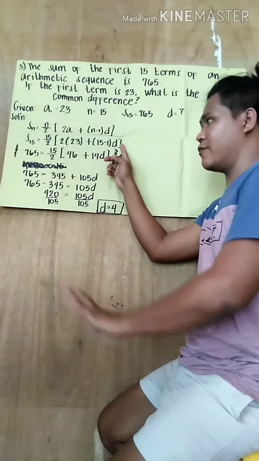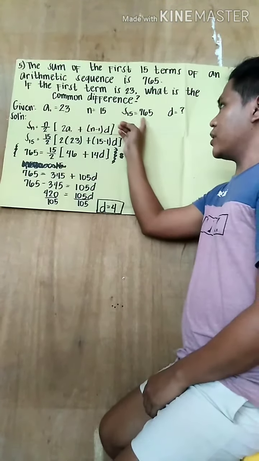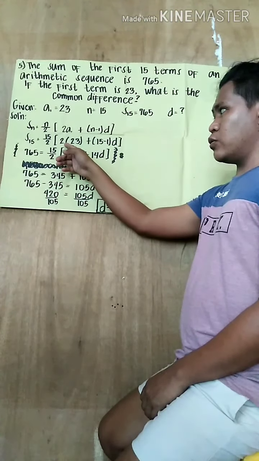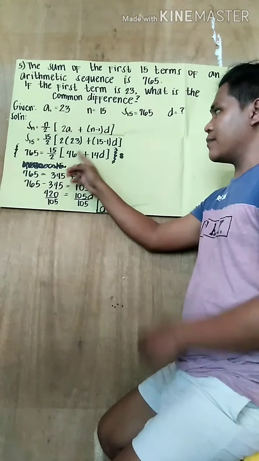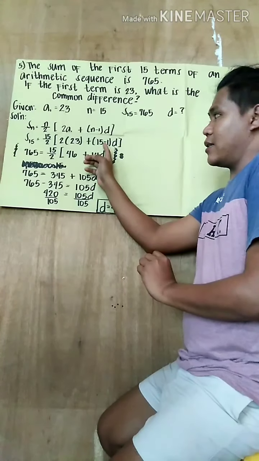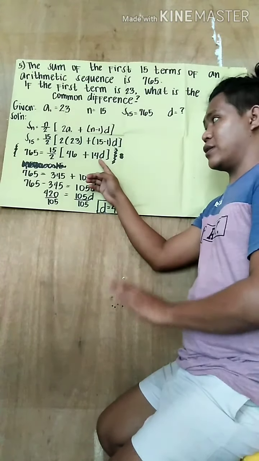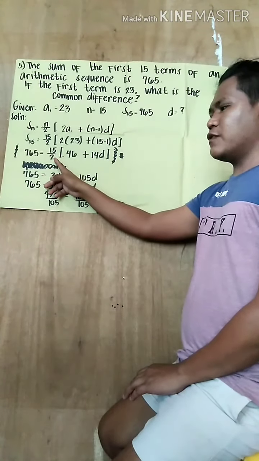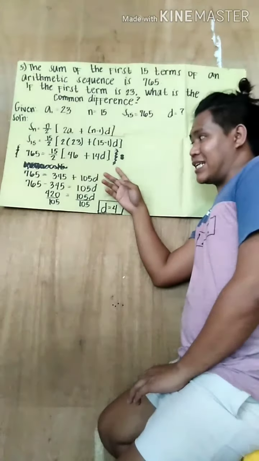We have no common difference. So s sub 15, or the sum of the terms, is 765. 15 over 2, 2 times 23, which is 46. 15 minus 1 is equal to 14, multiplied to d, which is equal to 14d. So we have to multiply 15 over 2 to 46 plus 14d.